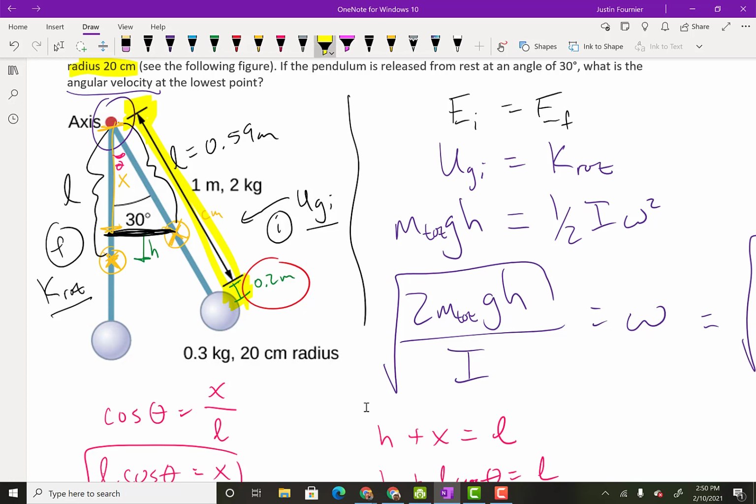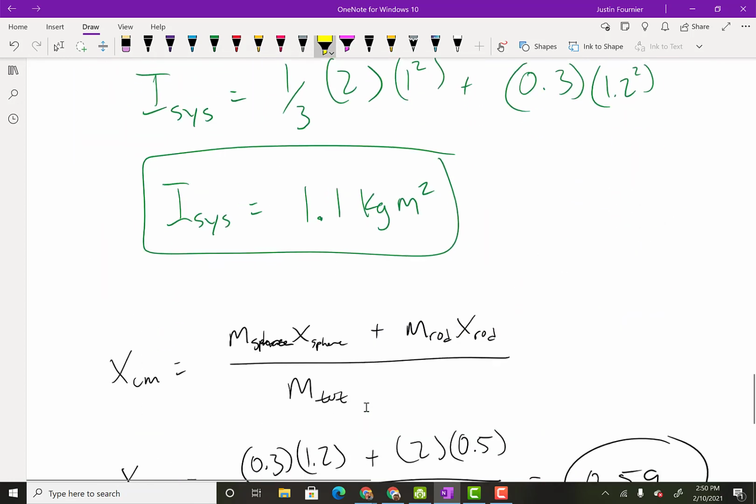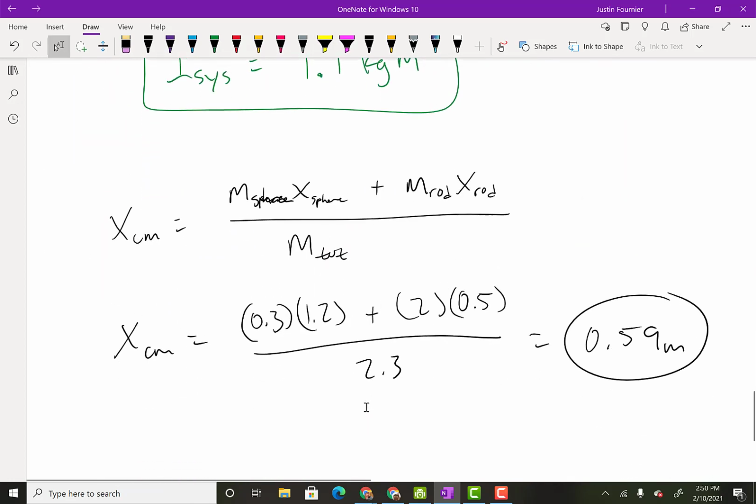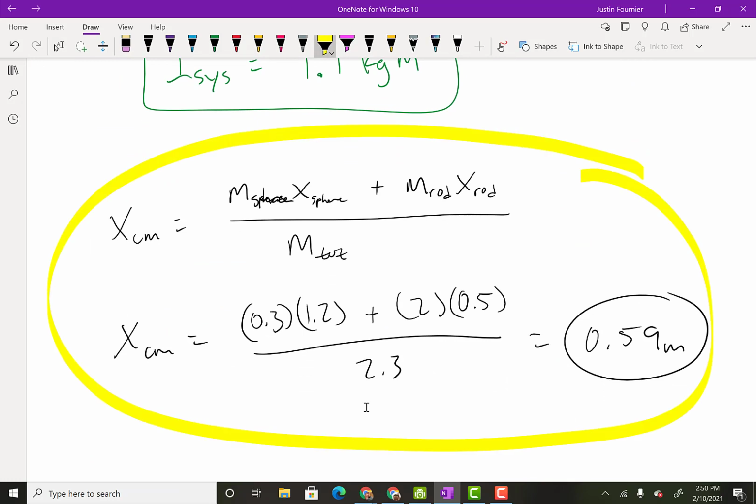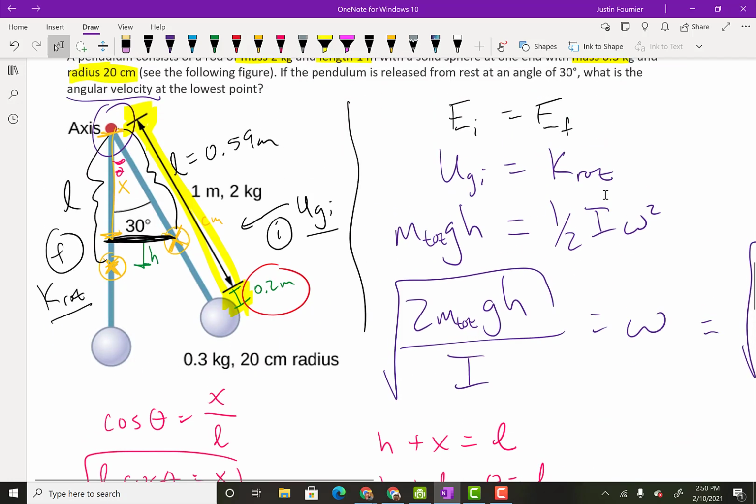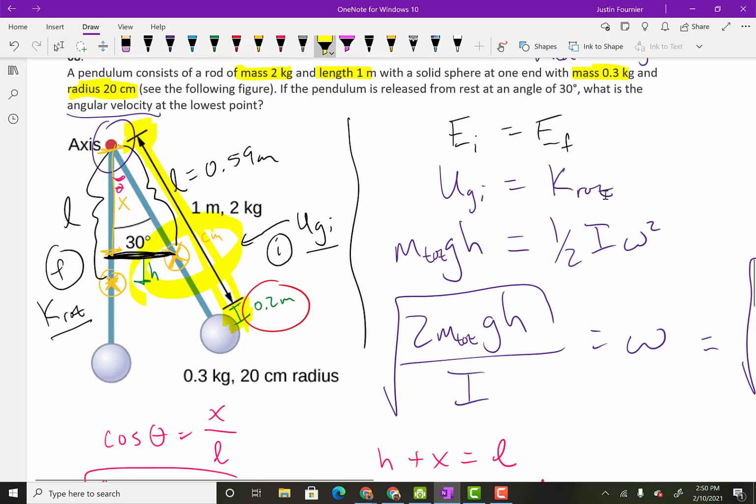And then lastly, once we got the moment of inertia, we plugged that in. To get the height, we wanted to find the distance of the center of mass of the system with respect to our axis. So the center of mass is what I have in that color there, and the axis was over here.